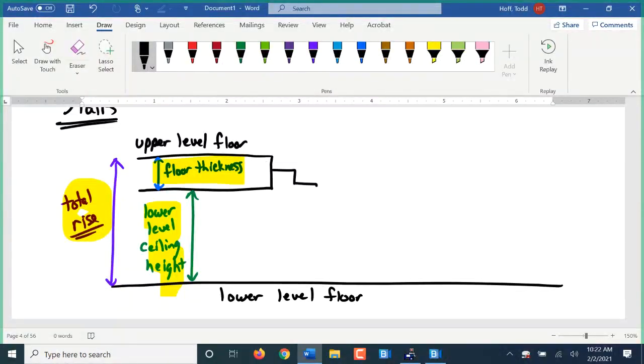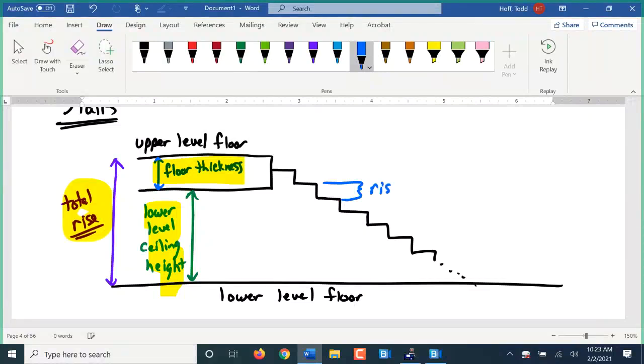Now let's look at the stairs itself. I'm going to put dots on the bottom there just so it doesn't look like we can actually count the number of stairs, because the number of stairs I have is really not relevant here. Each stair has a height.